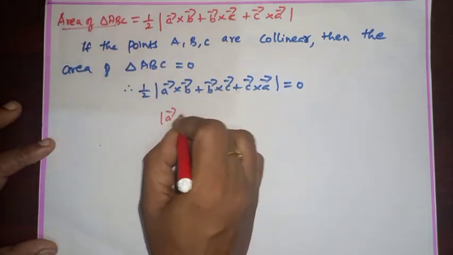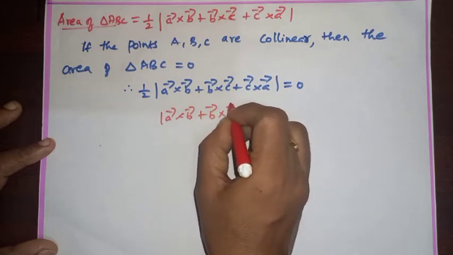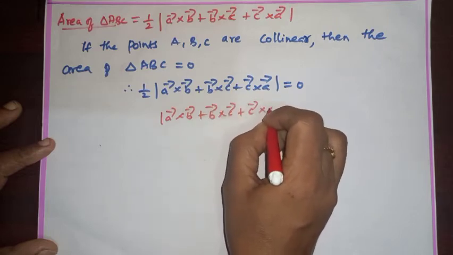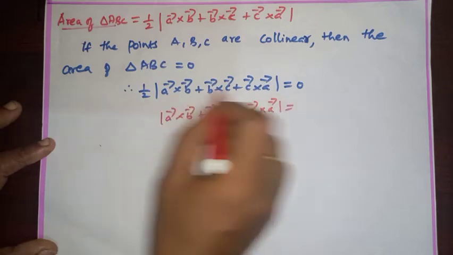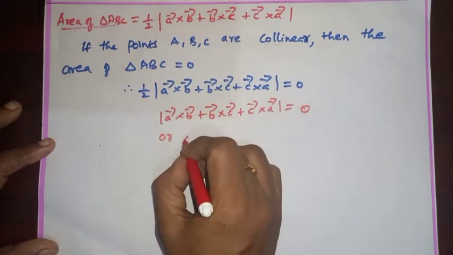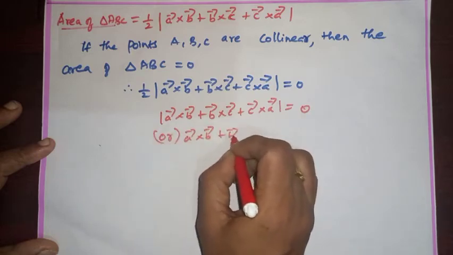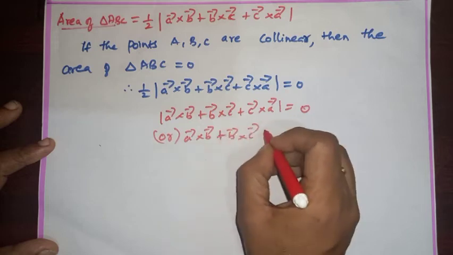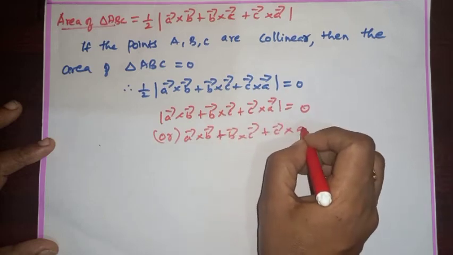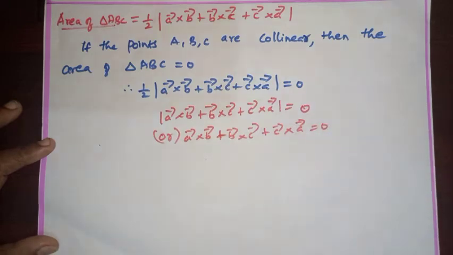Therefore, vector A cross vector B plus vector B cross vector C plus vector C cross vector A is equal to 2 into 0, which is 0, or A vector cross B vector plus B vector cross C vector plus C vector cross A vector equal to 0. This is the required condition of collinearity of the points with position vectors A, B, C.